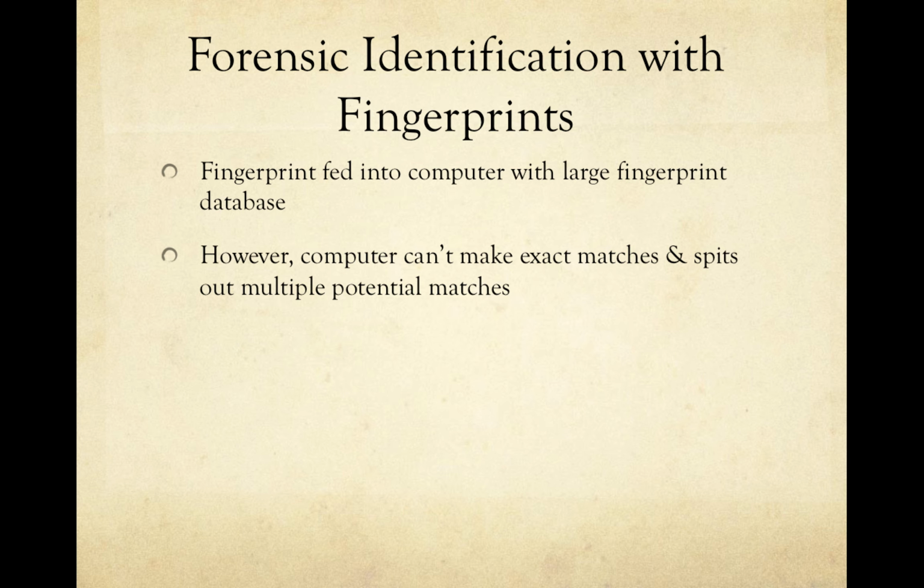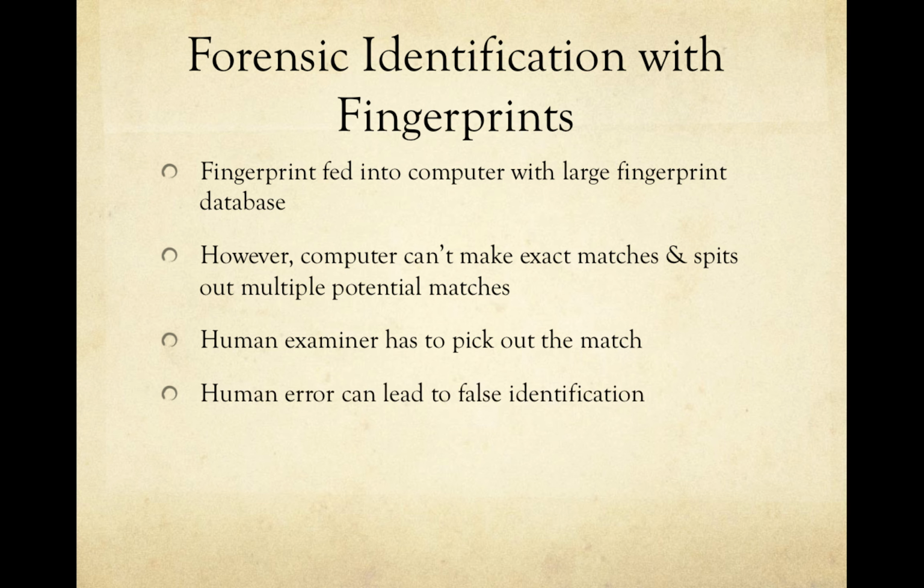It usually spits out a couple of potential matches based on these algorithms. So then a human examiner has to examine these potential matches from what the computer has suggested and pick out the actual match from there. So as you can see right there, there's a potential place for a mistake or bias or any other factor that could lead to a mistake.